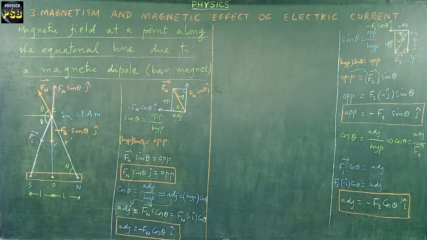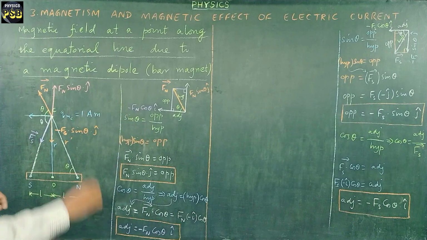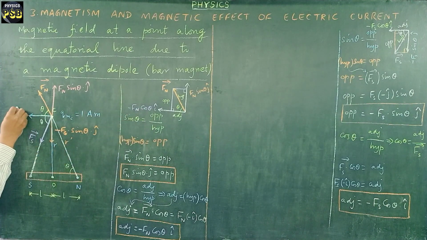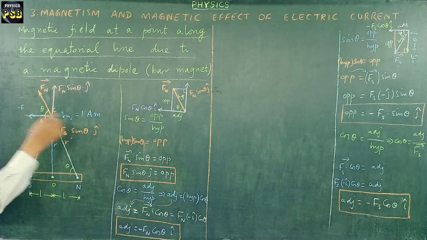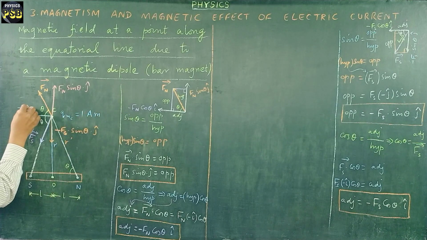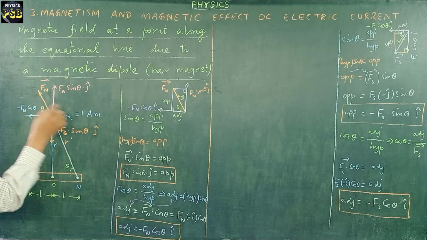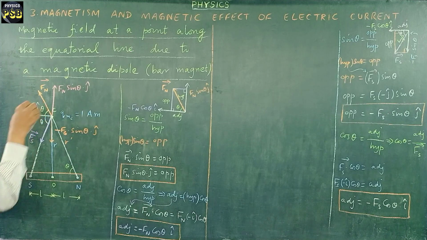Similarly here, this is the horizontal component of Fn vector. What is that? Yes, minus Fn cos theta i cap.